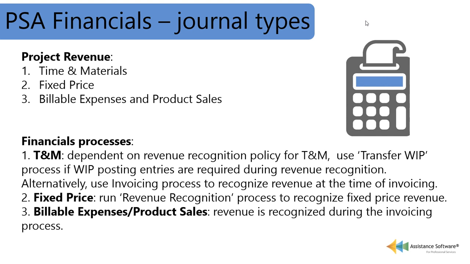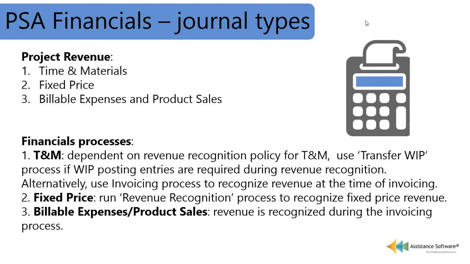Alternatively, there are companies that would like to recognize revenue for T&M items at the time the costs for T&M items are incurred. A great example would be when the costs of labor that has been charged against T&M items have been approved, and those costs are going to be loaded into the financials database.